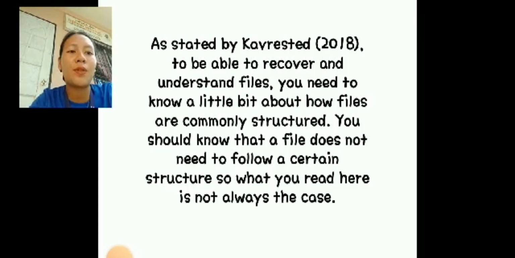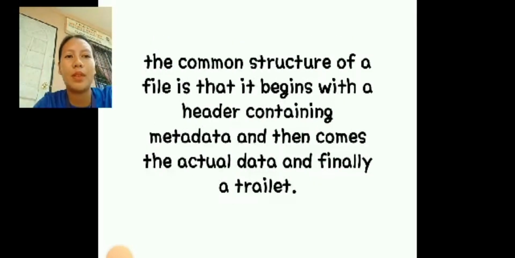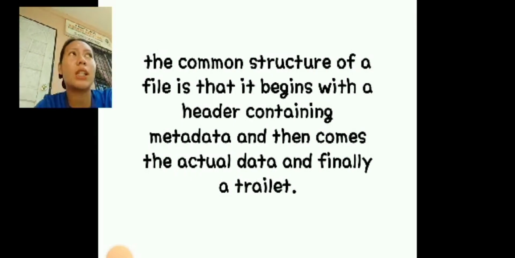You should know that a file does not need to follow a certain structure, so what you read here is not always the case. The common structure of a file is that it begins with a header containing metadata, then comes the actual data, and finally a trailer.